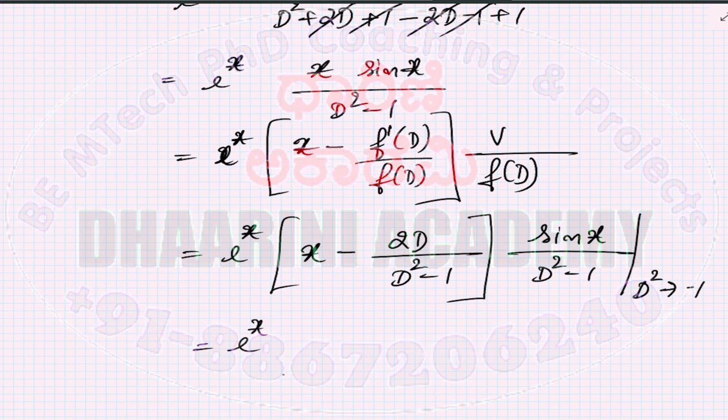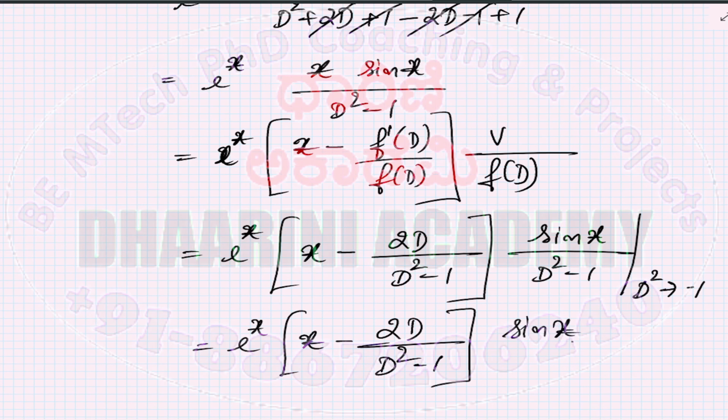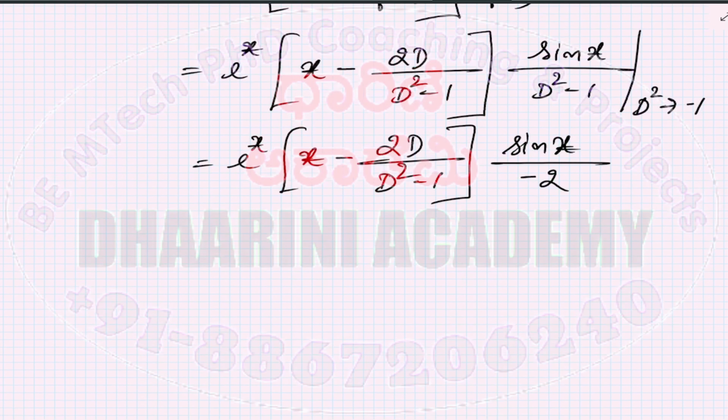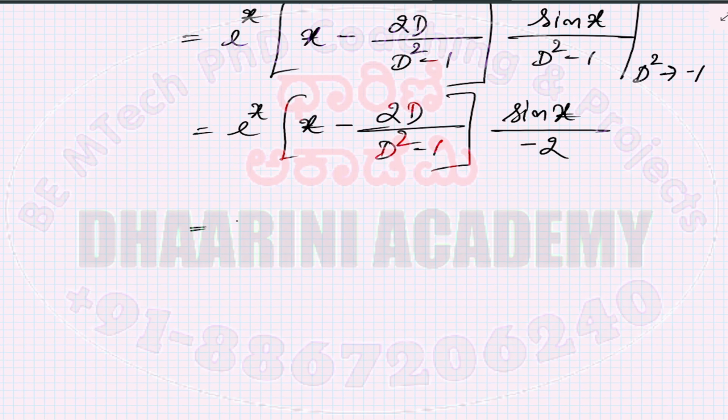E to the x into x minus 2d over d square minus 1, this is sine x over minus 1 minus 1. So that is minus 2. So this means it is equal to e to the x into, the minus 2 I'll take it out. Minus 2, it goes out.